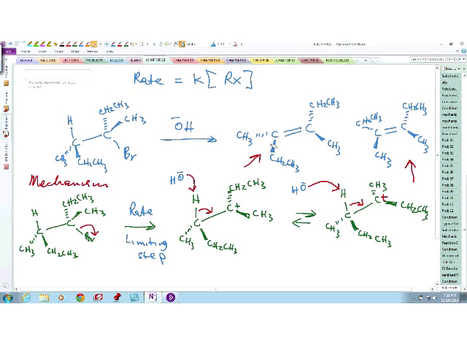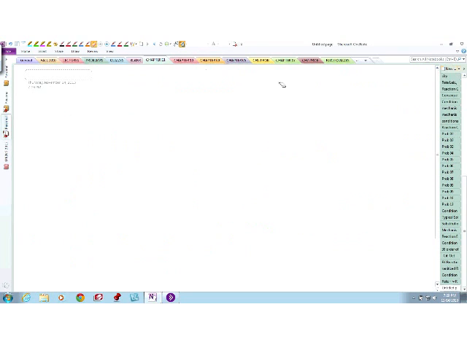Okay? So, what are the conditions for E1 reaction? The most important condition is that the substrate must be a tertiary substrate.